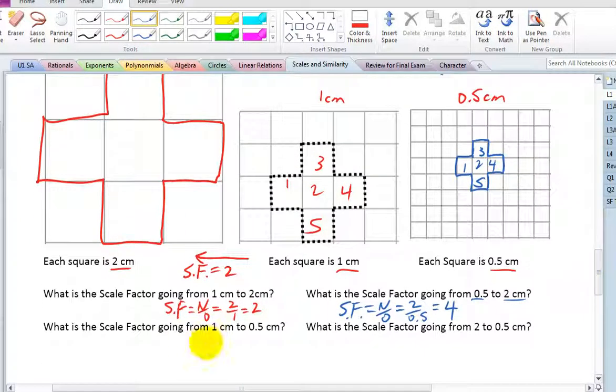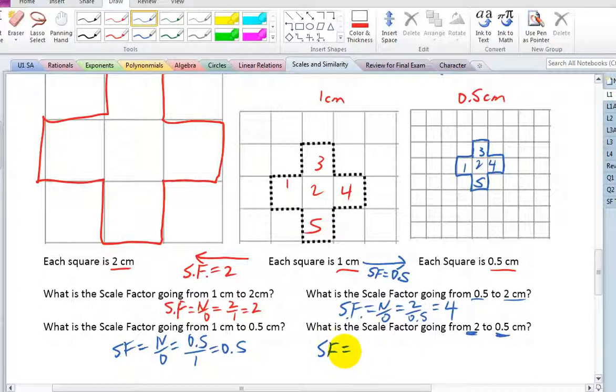What about going from 1 centimeter to 0.5? Your scale factor would equal 0.5, or 1/2. Okay. So doing the math the long way, new over original, the new would be 0.5, dividing it by 1, 0.5.